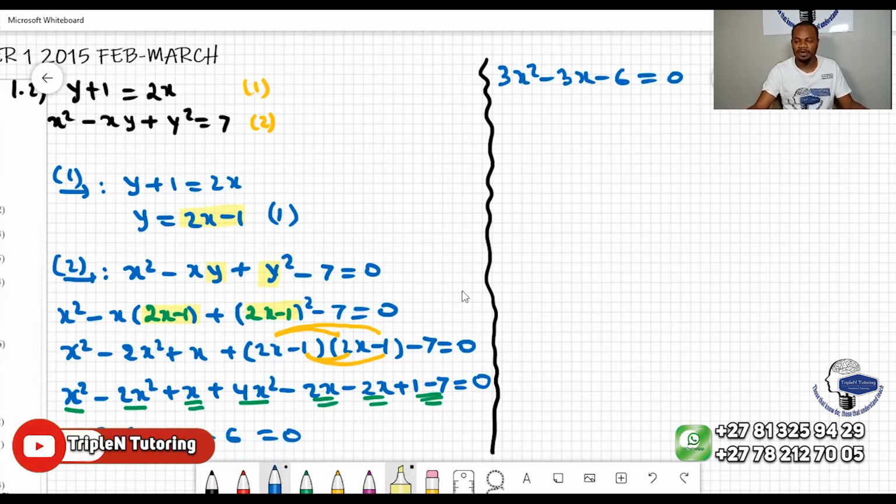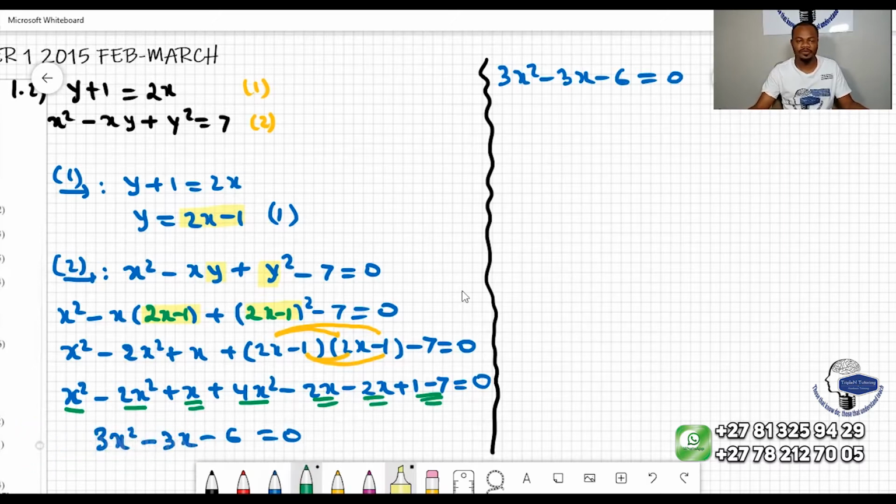But one more thing we can do is notice that they are all multiples of 3. Meaning each term here is a multiple of 3.